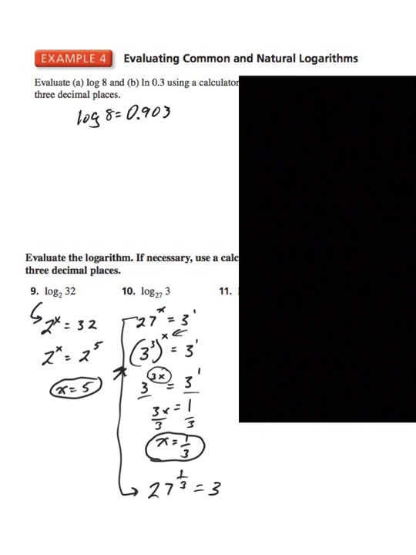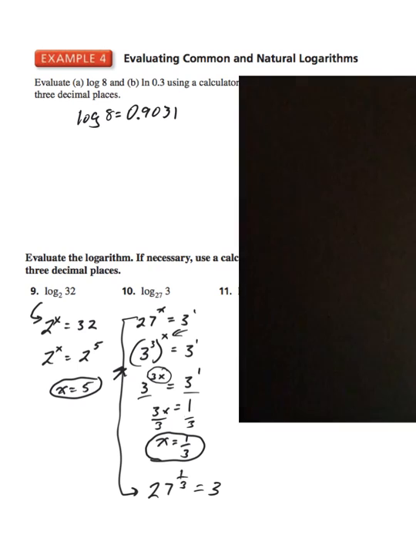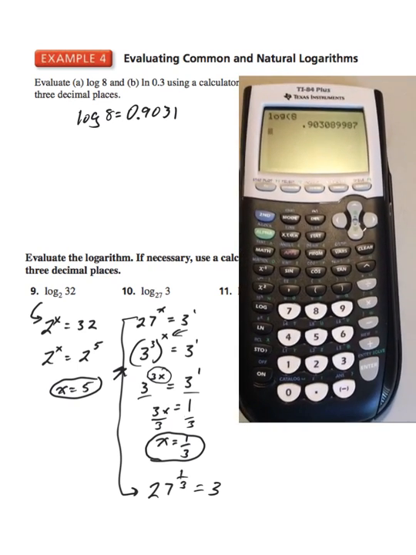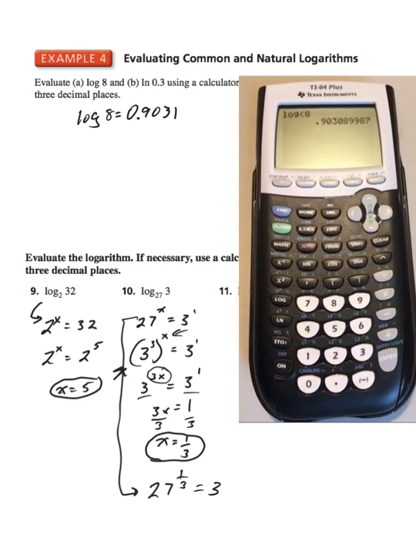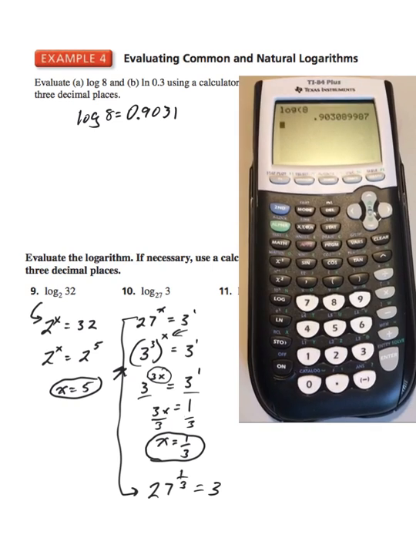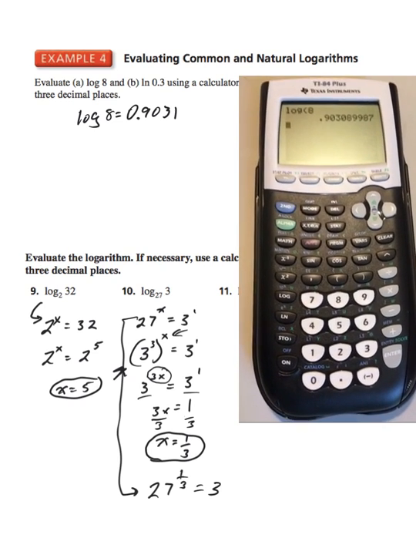So it's interesting, we can make 10 to some exponent any possible number, but in this case it's going to be 0.9031. I'm not sure what big ideas is going to look like, but typically we look at 4 digit decimals on our logarithms.